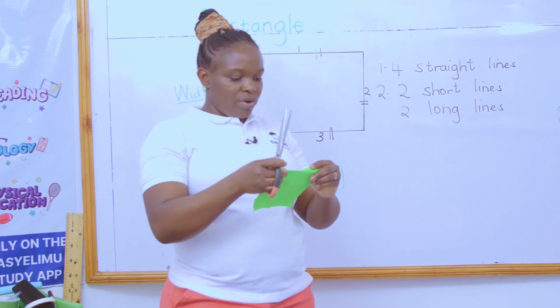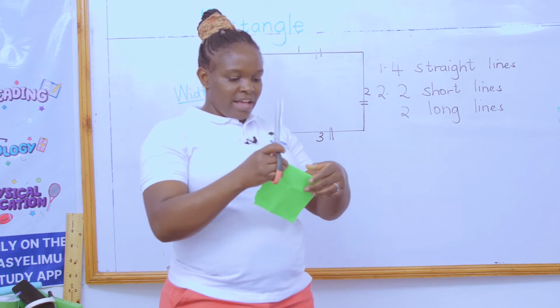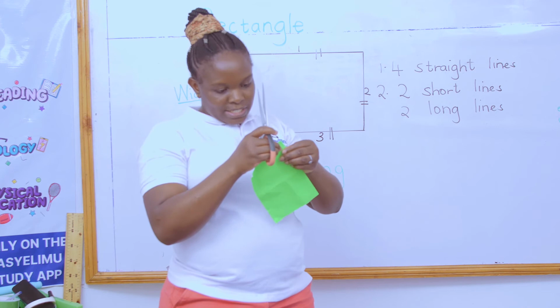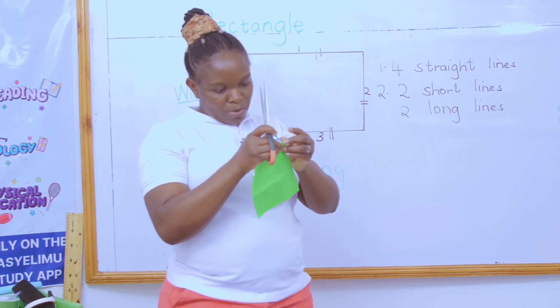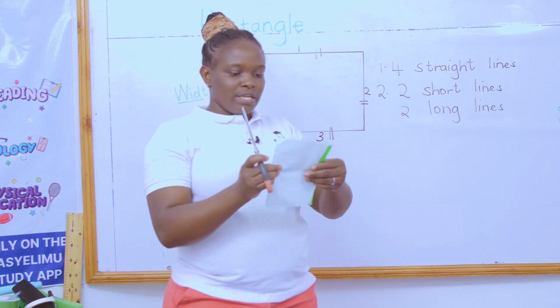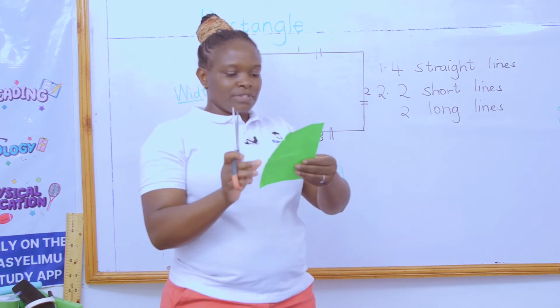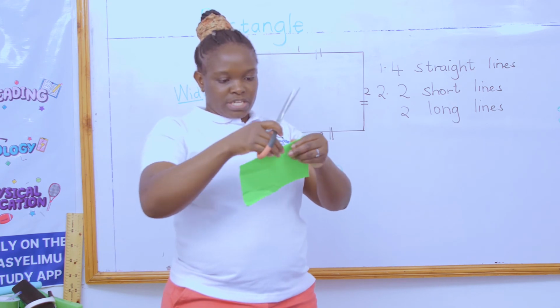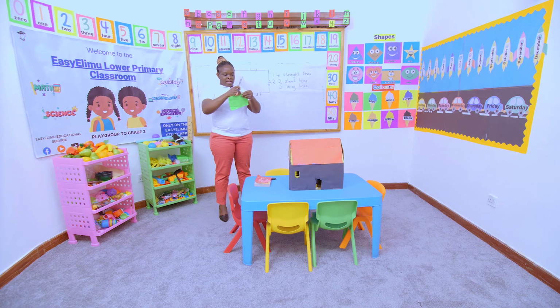Then draw on the carton box. After drawing, make sure you cut it straight, no serrated margins. I don't want those people who normally cut and stop, cut and stop. You draw and cut it neatly, because you are going to use it when we will be painting the shapes in our class.